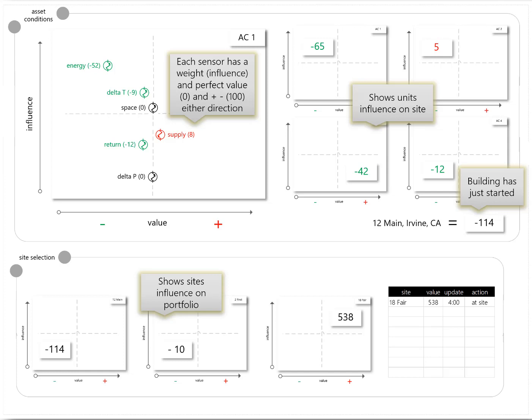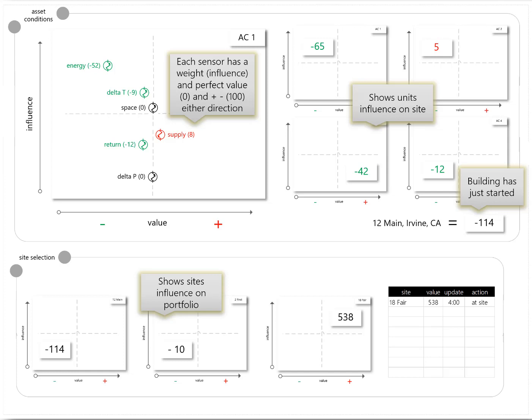We can see that, again, we follow the same logic of how the assets might have a greater or less than influence, how the sensors might have a greater or less than influence. We also look at site selections, how they might have a greater or less than influence on the client's portfolio.